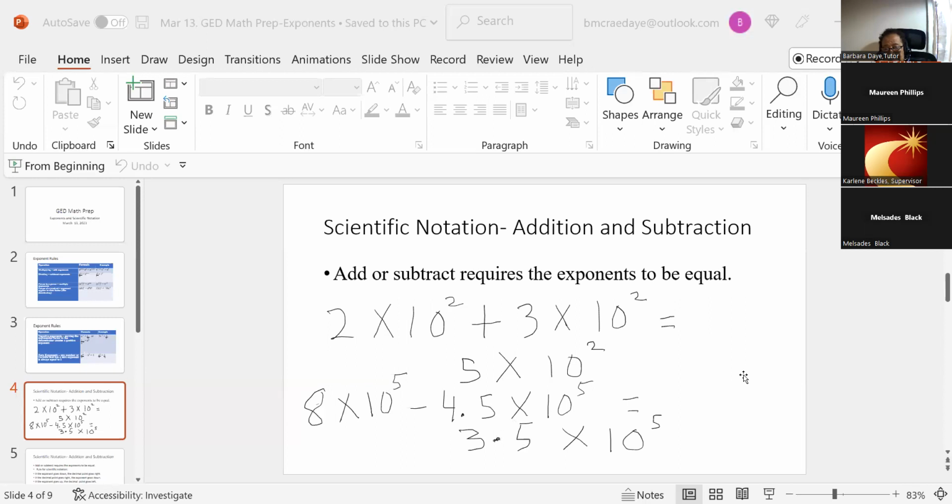That's it. Questions? No, miss. So you don't have a problem adding or subtracting when the exponents are equal, just straight add or subtract the coefficients. Correct? Yes, miss. I hope I don't forget that one.